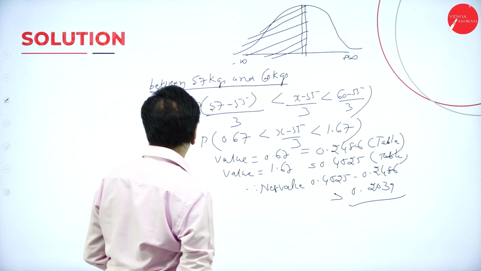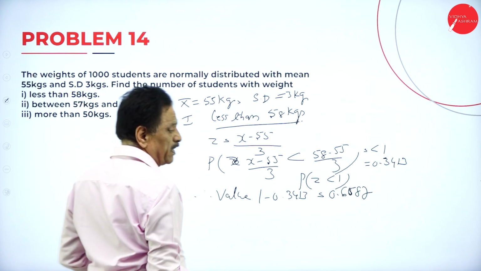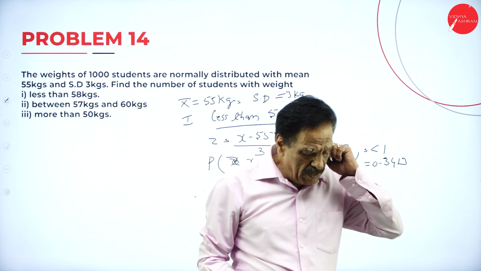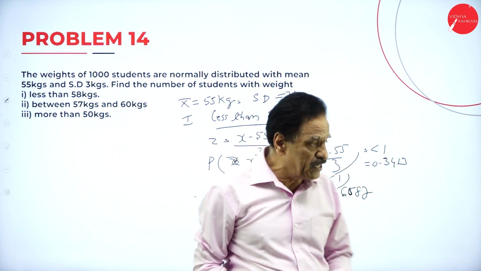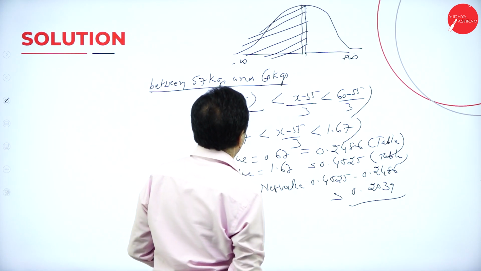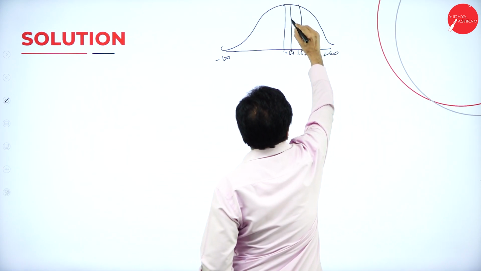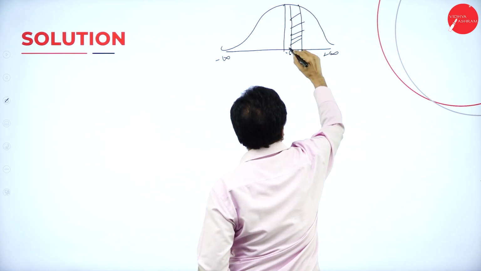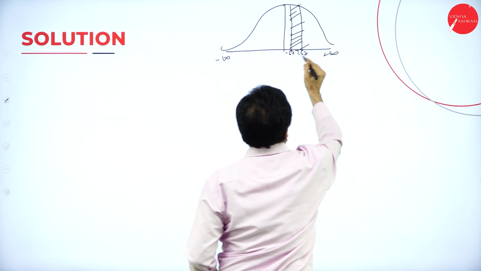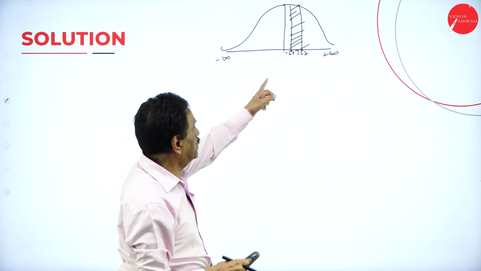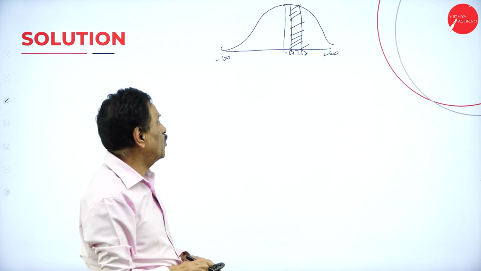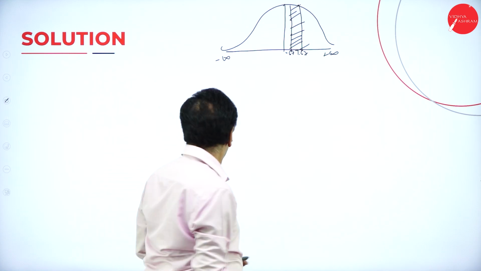See that, between 57 kgs and 60. You have to make the value like this. 0.67, 1.67. Value you already found out. Then, what is the next one?